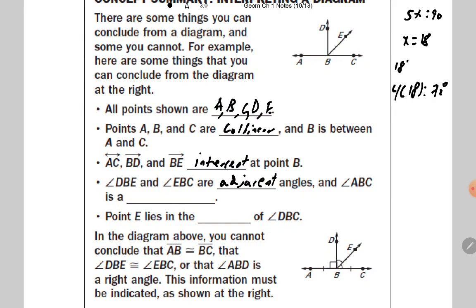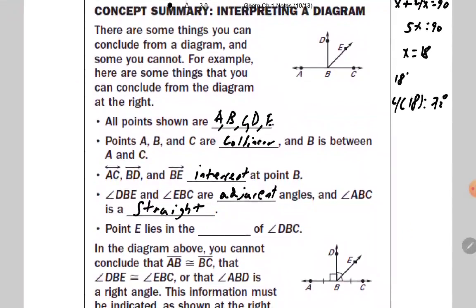And you can assume that they are by the picture. Angle ABC is a straight angle. So you could assume straight angles. You can assume that that is a straight line. Point E lies in the interior of angle DBC.